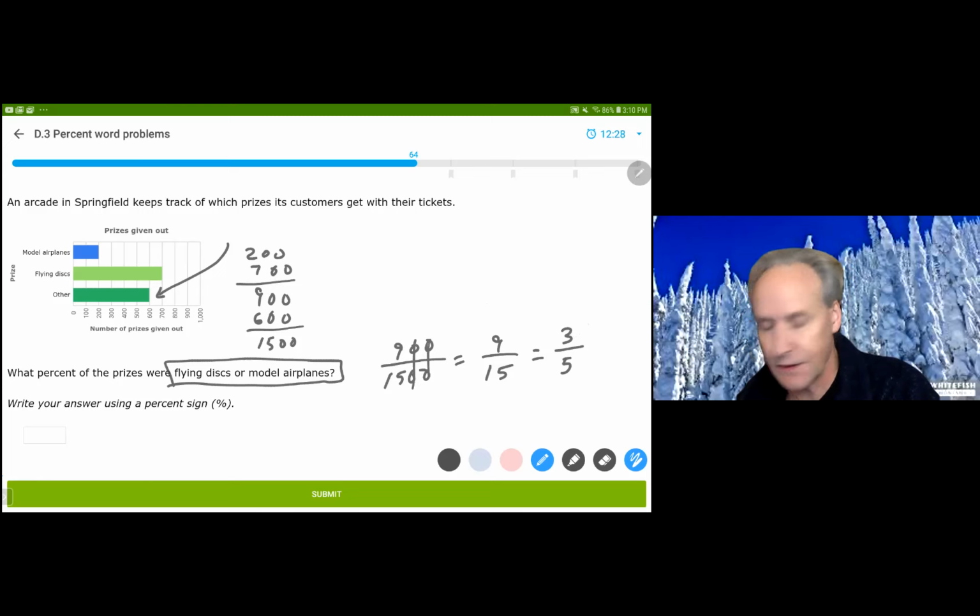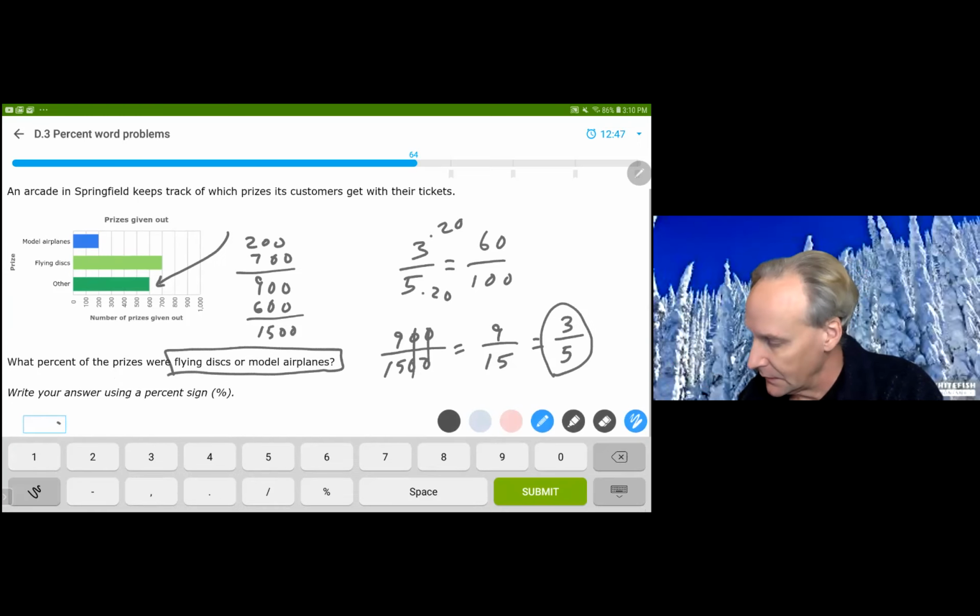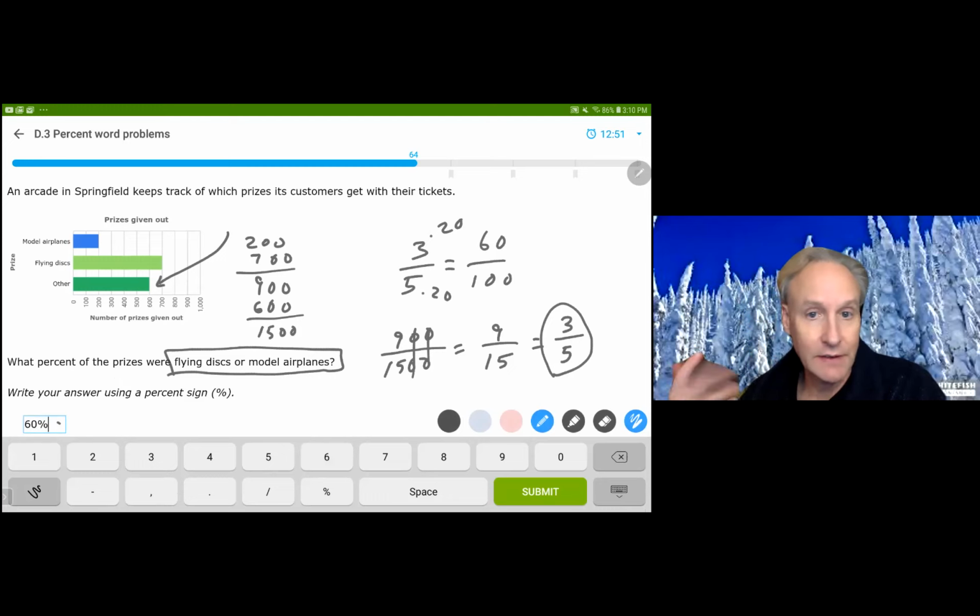But I think it would be clearer to just go down to the lowest terms and then say, to change 3/5, I have to multiply by 20. 3 over 5, I want to know hundredths. Remember, that's percent. So I'm multiplying by 20, which gives me the 60%. There's a faster way, of course, and that is to just grab your calculator and type it in, and you're going to get 0.6, which is 60%.